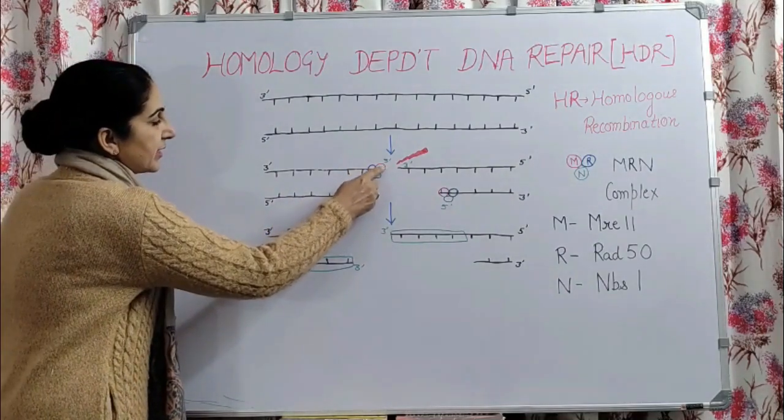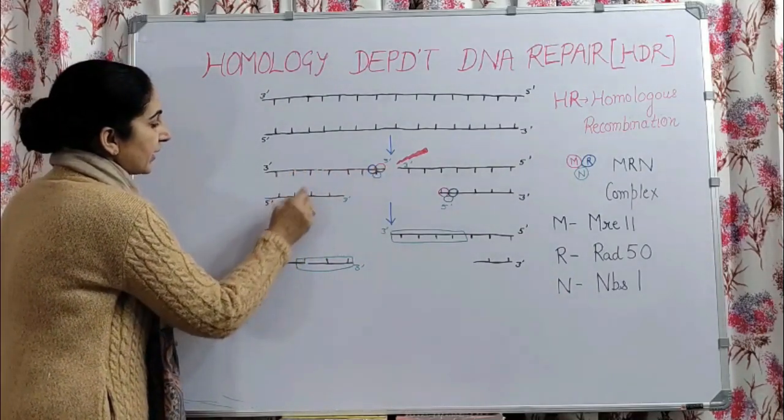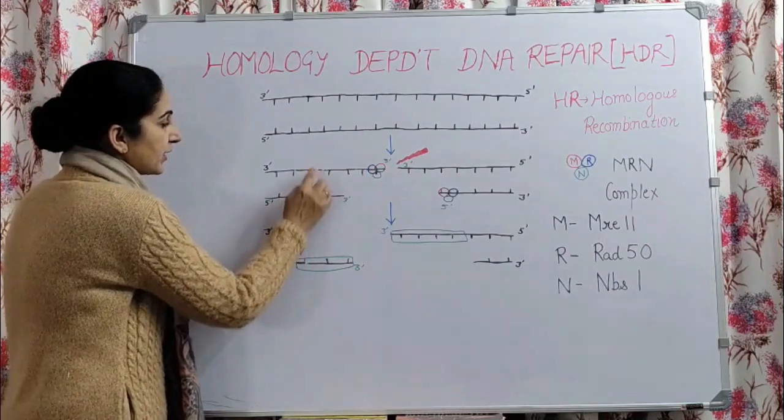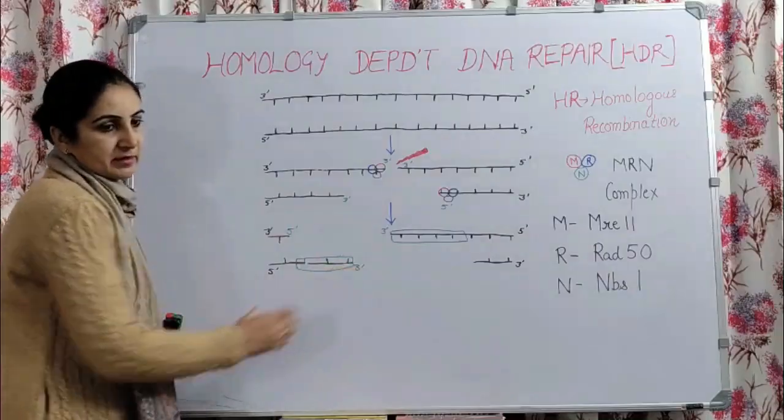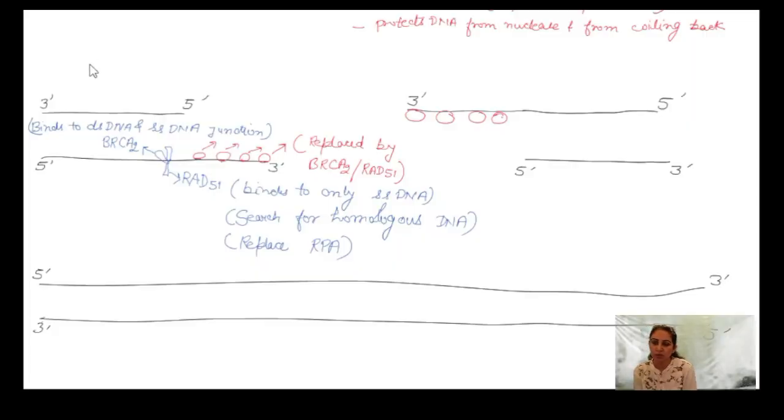See, this length has been shortened, so ultimately this strand becomes longer than this one and we have the 3' overhangs here. So now we have this chromosome, one strand in 3' to 5' direction and the other from 5' to 3' direction, where both strands have been broken due to some kind of insult.